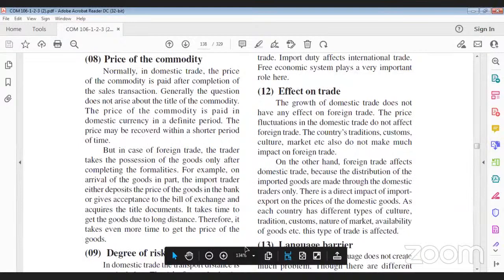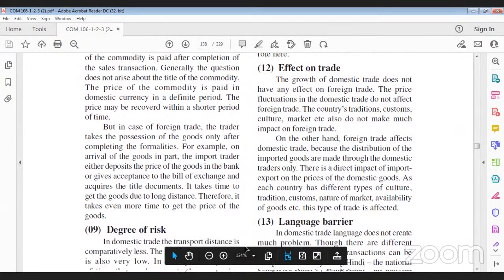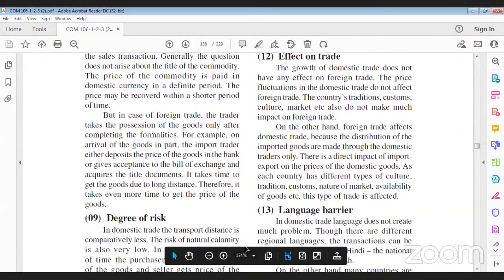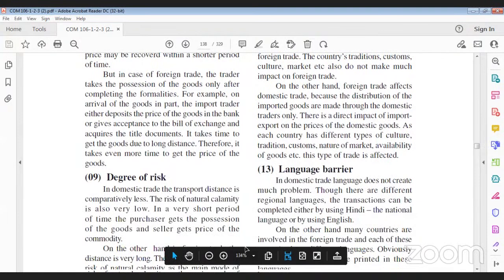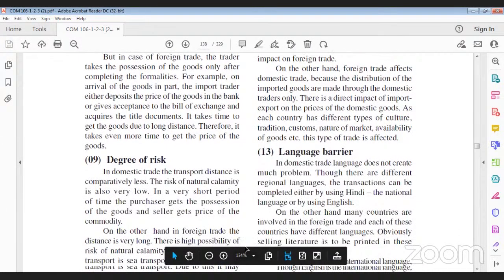There is a direct impact of import or export on the prices of domestic goods, as each country has different types of cultures, traditions, customs, nature, market, availability of goods, etc. This type of trade is affected. Then the 13th point is language barrier. In domestic trade, language does not create much problem.